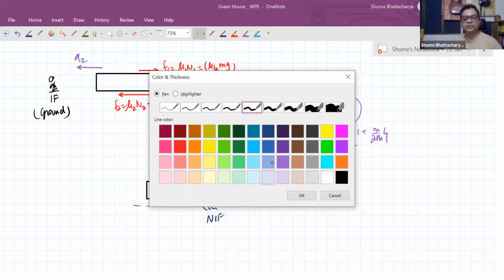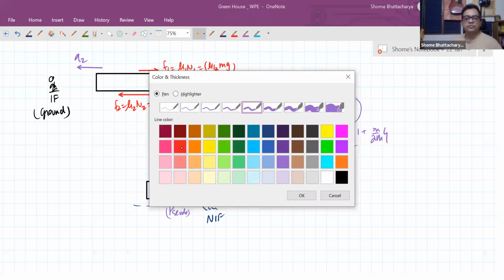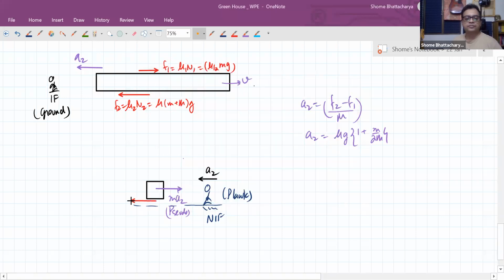So on the block, there'll first of all be a pseudo force forwards, small m A2. This is your pseudo force. Like this. And of course, there will be friction backwards.